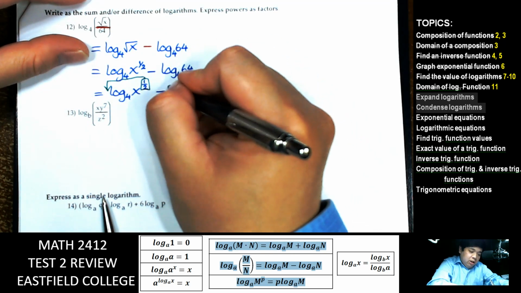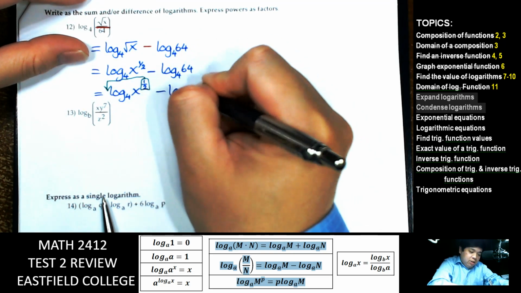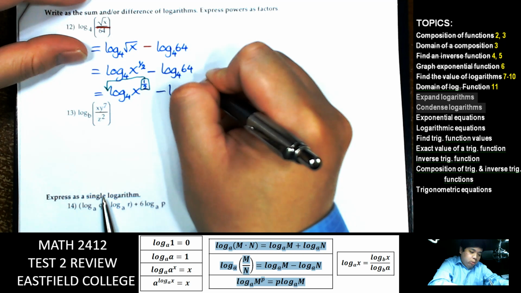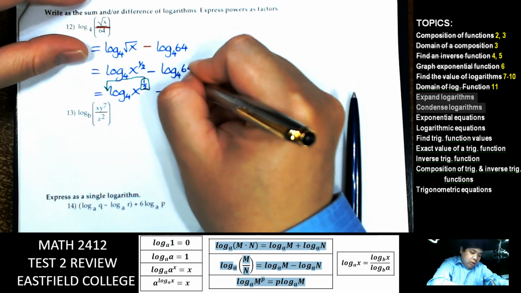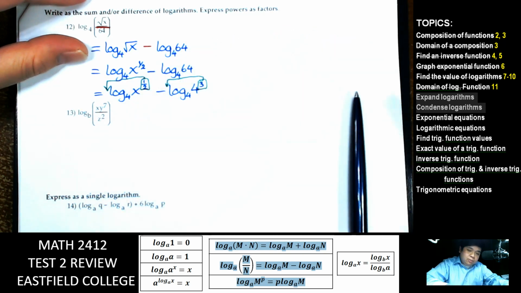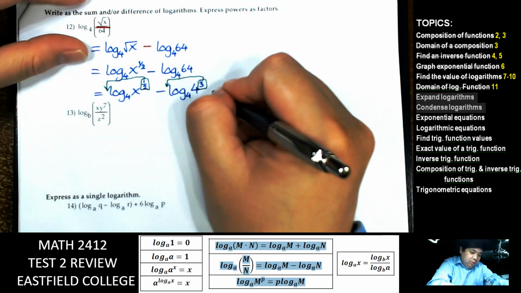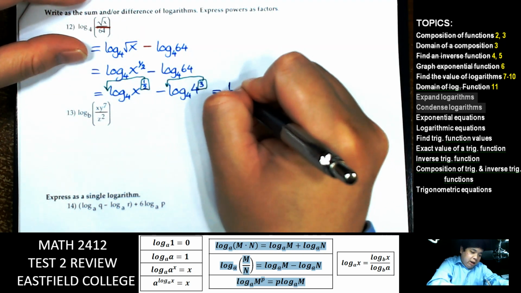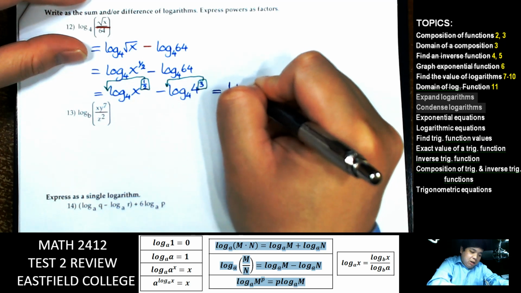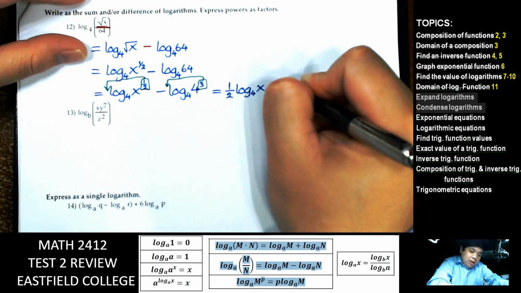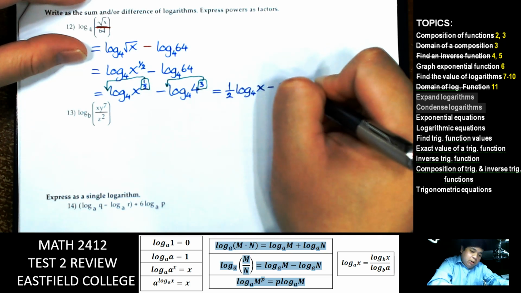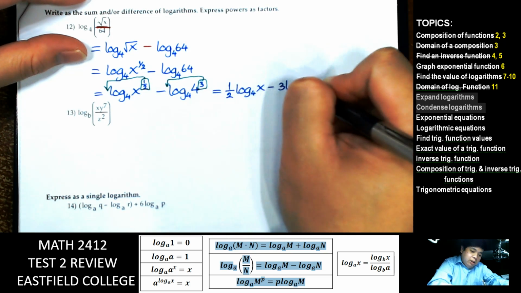And the log base 4 of 64, you can write 4 cubed, and the cube goes outside. So we have 1/2 log base 4 of x minus 3 log base 4 of 4.